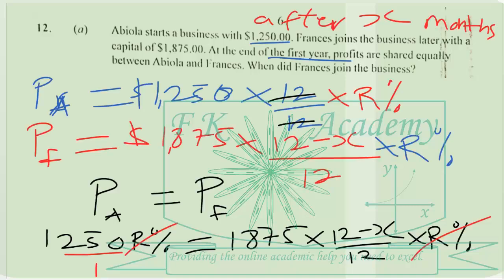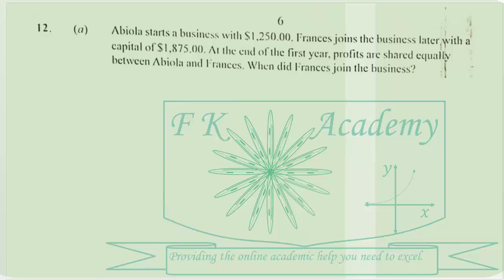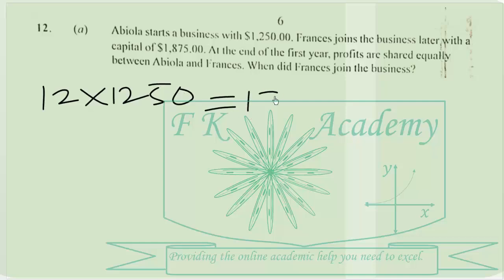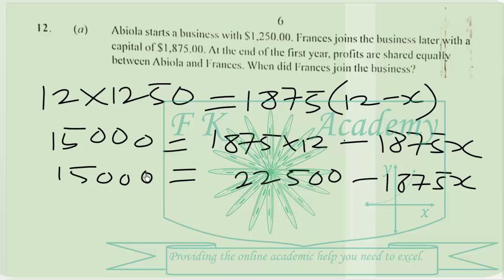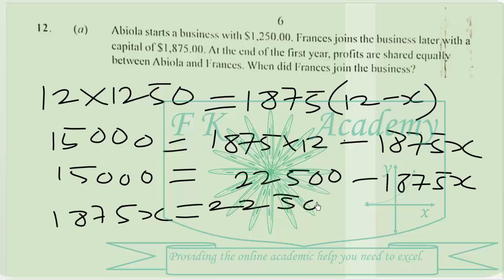We can now cross multiply to obtain 12 times 1,250 is equal to 1,875 times 12 minus X. So 1,875X will be equal to 22,500 minus 15,000.